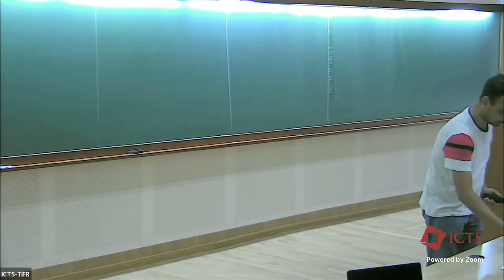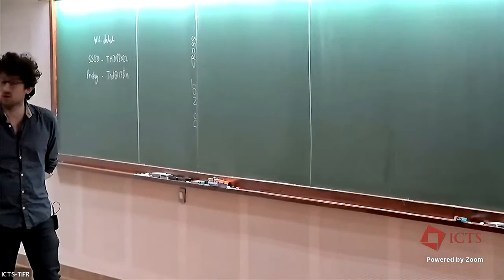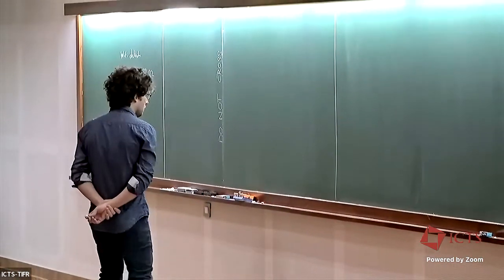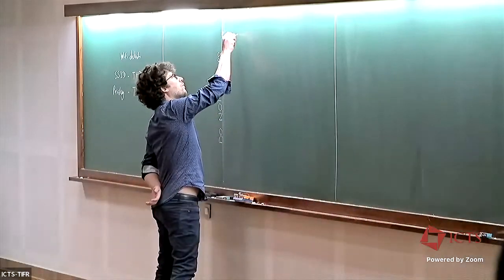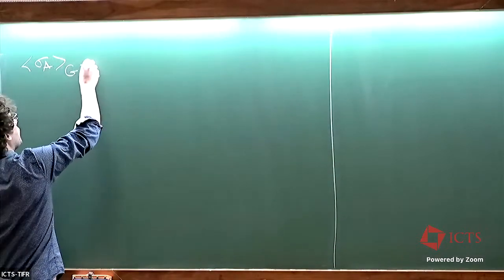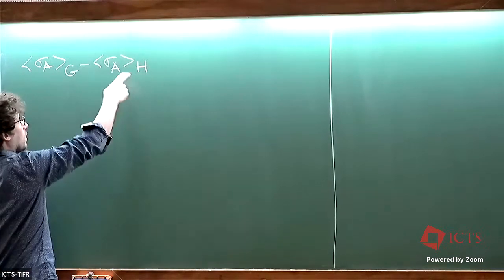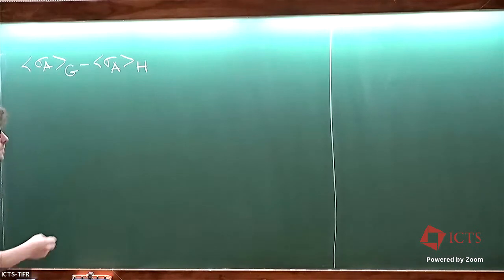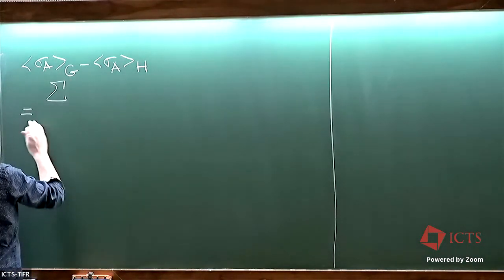Just before we truly start the session, let me give you the answers to yesterday's small exercises. When you look, for instance, at the difference between spin-spin correlation in two graphs, where one graph is smaller than the other one, and you write that in terms of random currents, you get what?